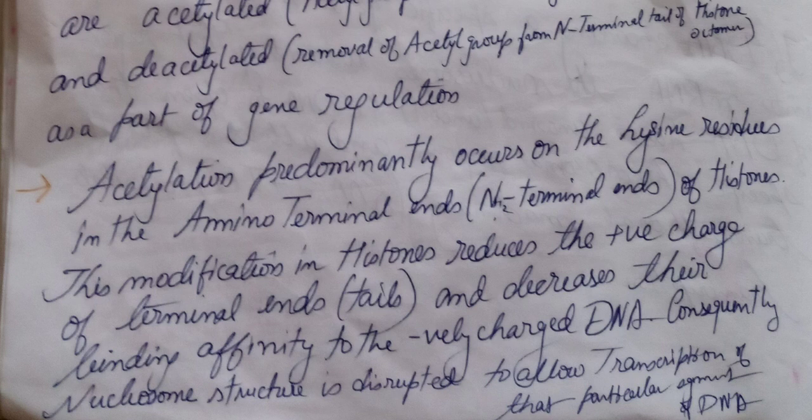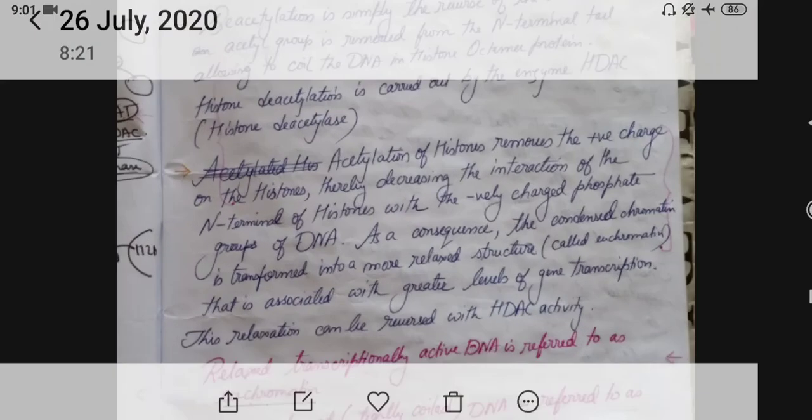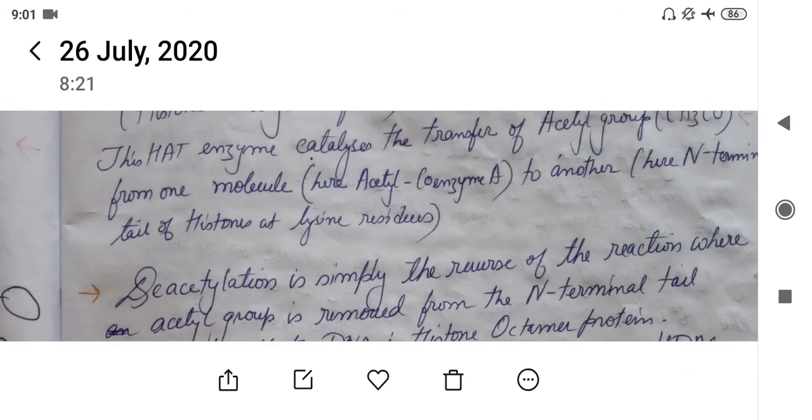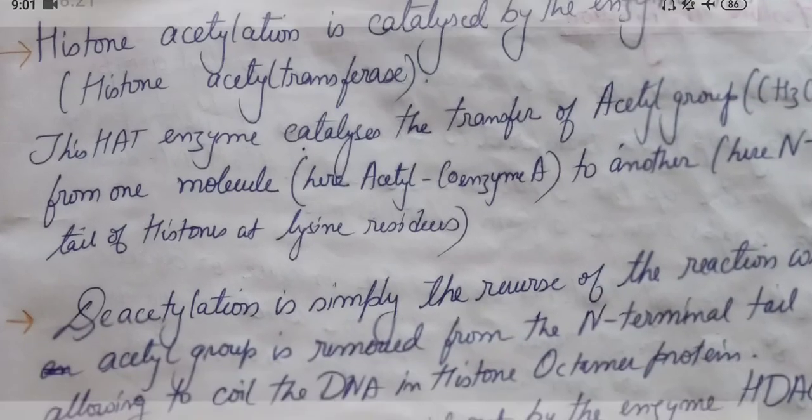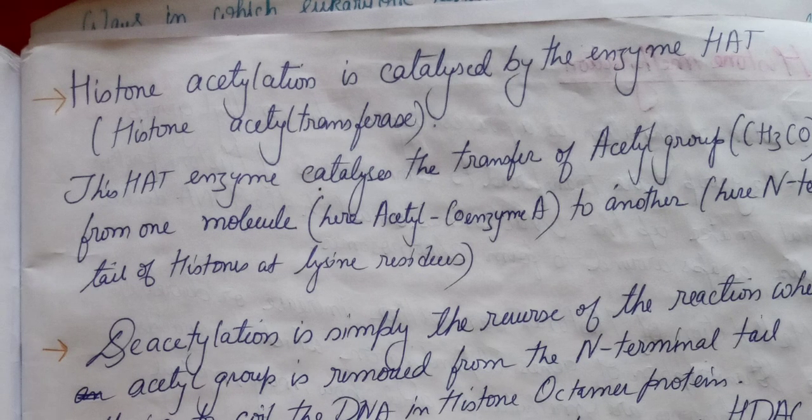Now we have to say that the histone acetyl group does not bind automatically, obviously. It is catalyzed mainly by an enzyme, and the name of the enzyme is HAT. Histone acetylation is catalyzed by the enzyme called HAT. It is the short form.